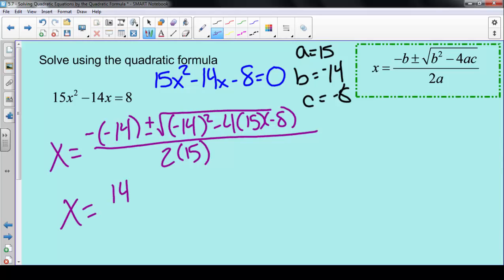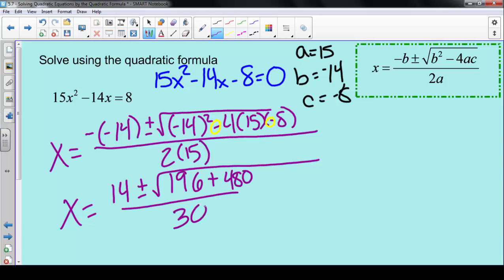So we get 14 because minus a negative is positive. 14 squared is 196. Notice here we have a negative times a negative, so it's going to be plus. 4 times 15 times 8 is 480, all over 30.